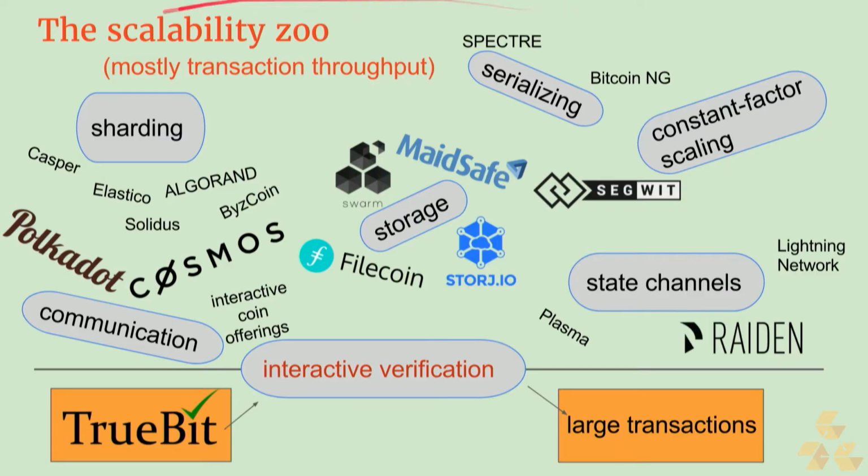Now, let's also look at how TrueBit fits into the big picture of scalability, right? There are a few main ideas, different ways that people have thought about scaling blockchains, along the lines of between the big data model and the blockchain model.